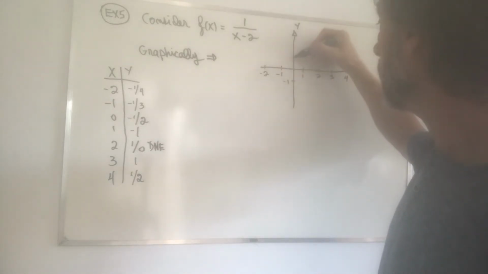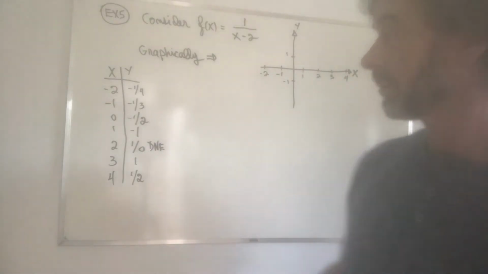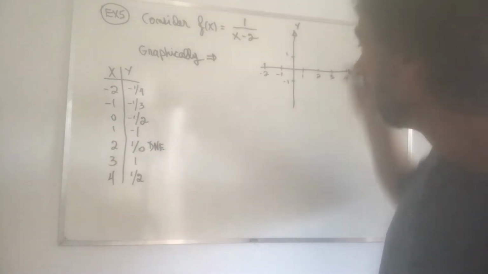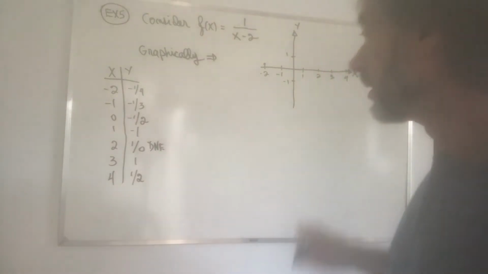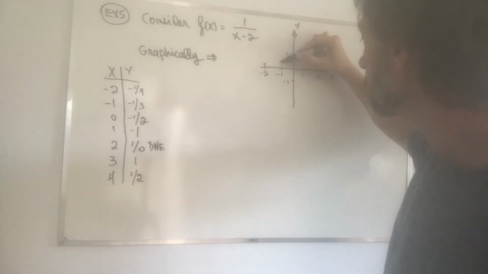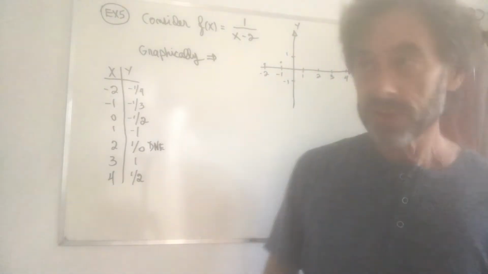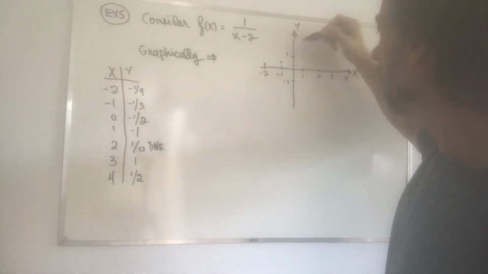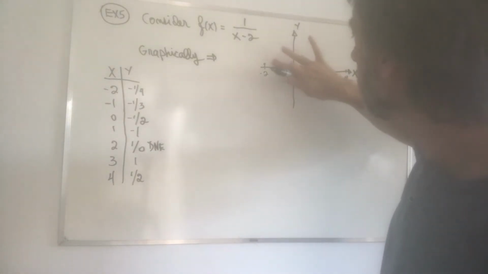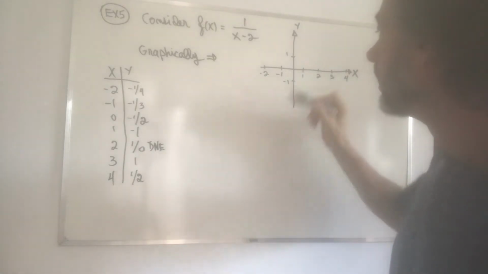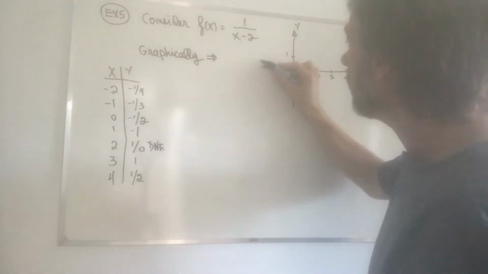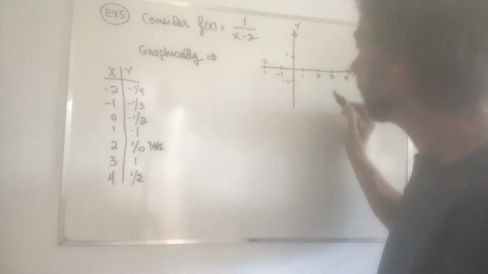Here, let's have -1, and here 1. So at -2, -1/4, wow, very close to the x-axis. At -1, -1/3, slightly higher, but not that much. At 0, -1/2. I'm sorry, I put that above the x-axis when it should be below, my bad. So let's put -2, -1/4 here.